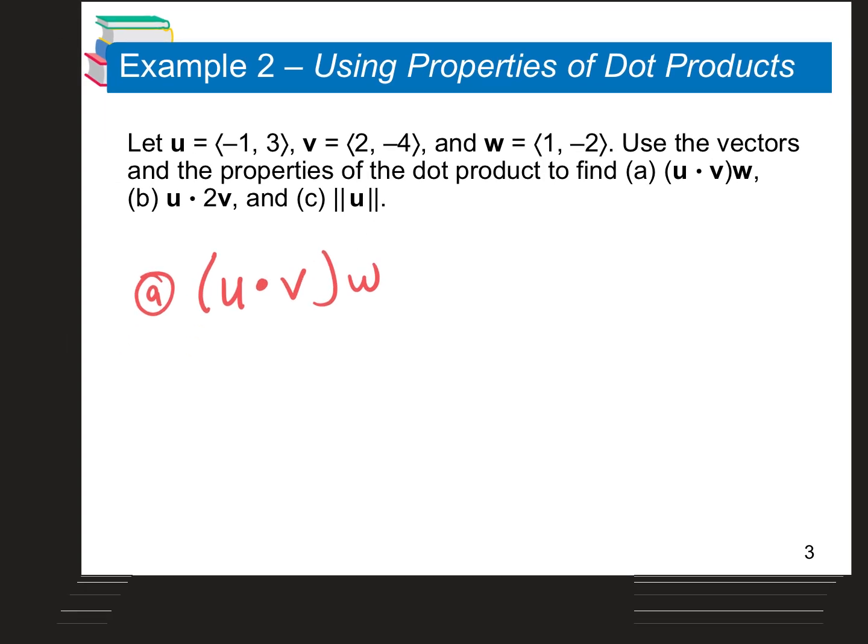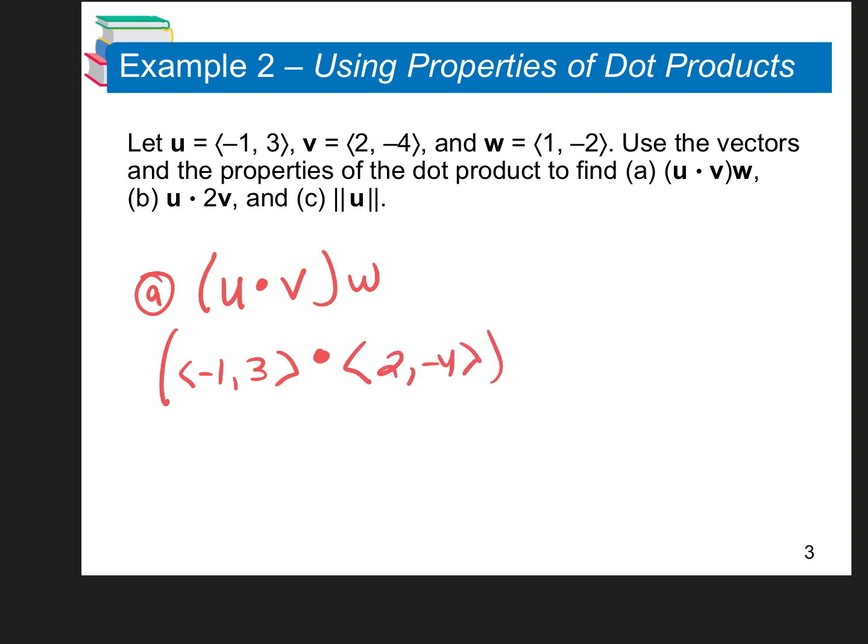I have u, which is -1, 3. Dot product, v is 2, -4. And then when I'm done with that, I'm going to multiply by w, which is 1, -2.